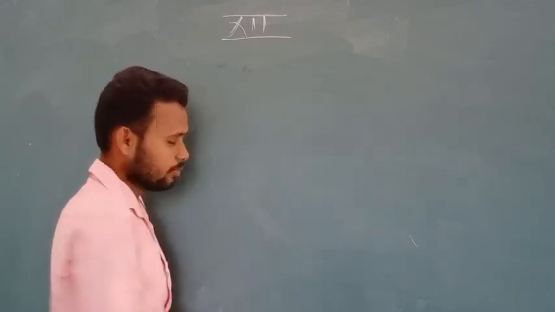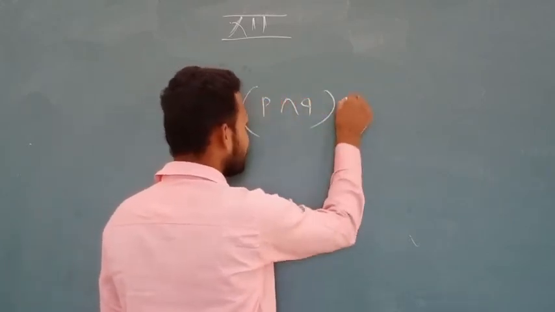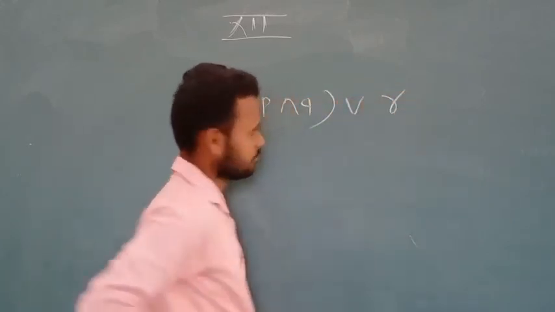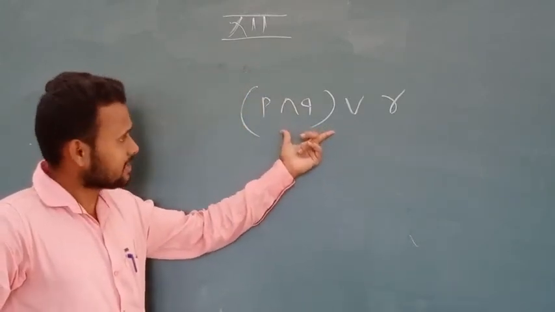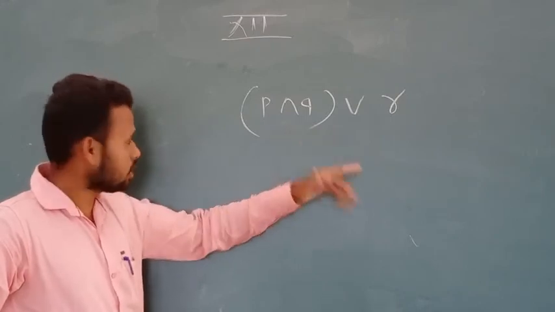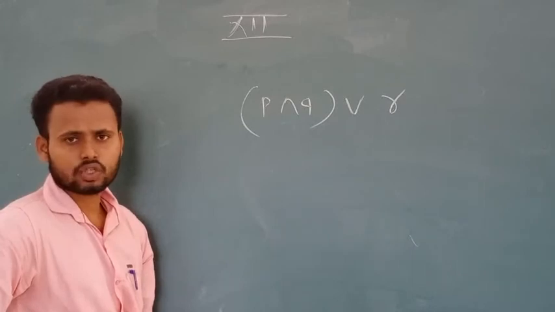For example, suppose I take P meet Q, and here suppose we take join with R. Now this also represents a statement pattern. In that statement pattern, how many component statements are there?